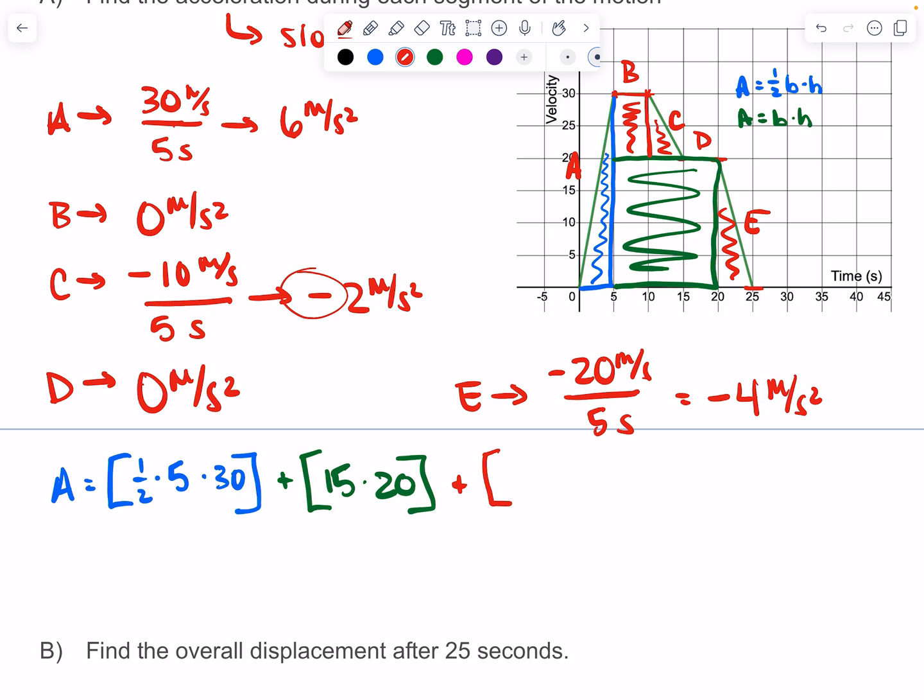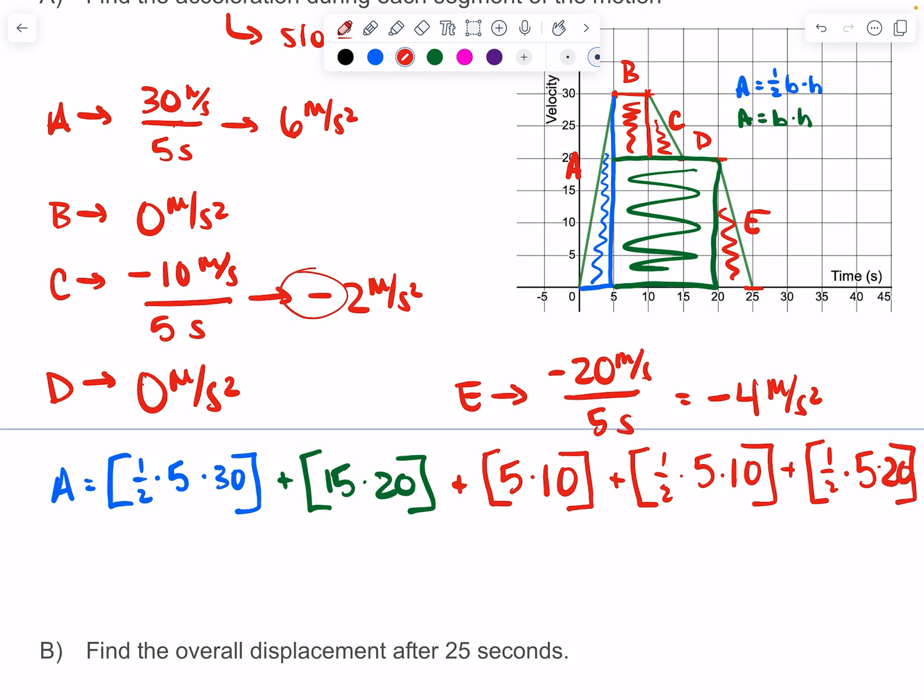That first rectangle has a base of 5 and a height of 10. The triangle right next to it, I'll take 1/2, base of 5, height of 10, and then that last little triangle all the way to the right has a base of 5 and a height of 20. So if I find that entire area, I get a total displacement of 500 meters.